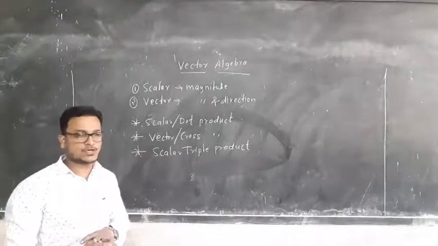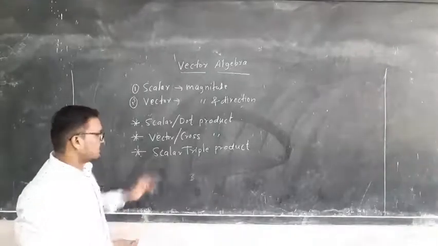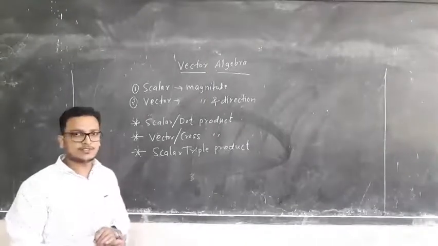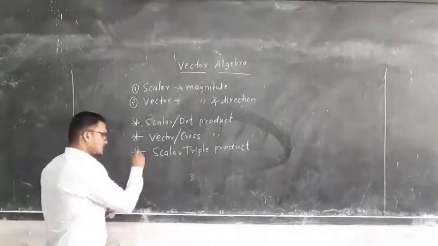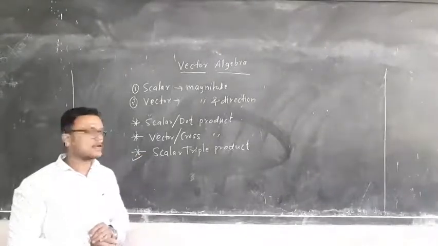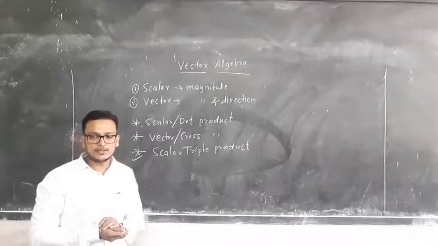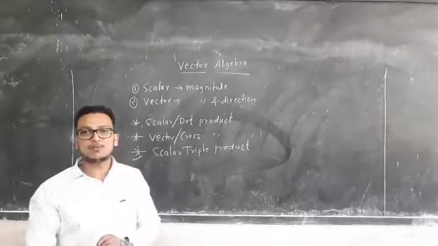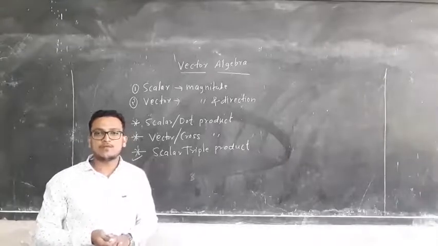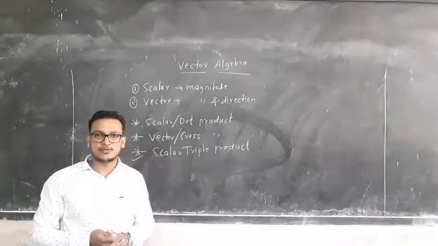This year, as they are saying 30% of the syllabus is reduced, scalar triple product is reduced, but we are not going to reduce it. We will study scalar triple product also, because that may help you in competitive examinations.